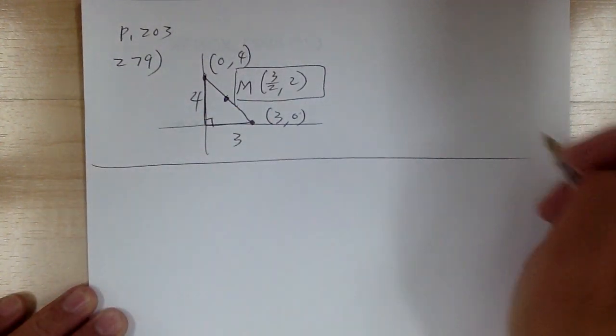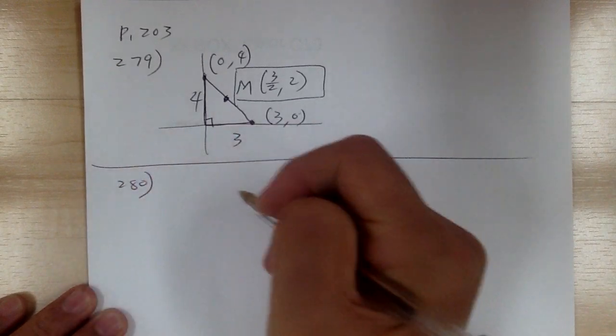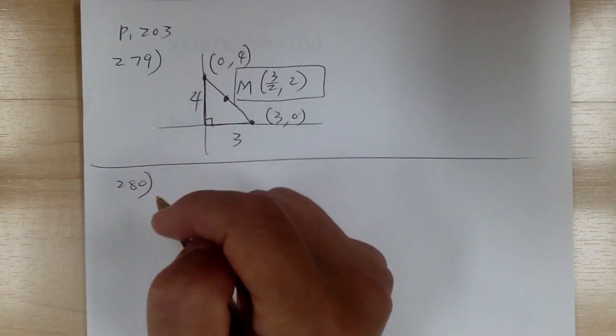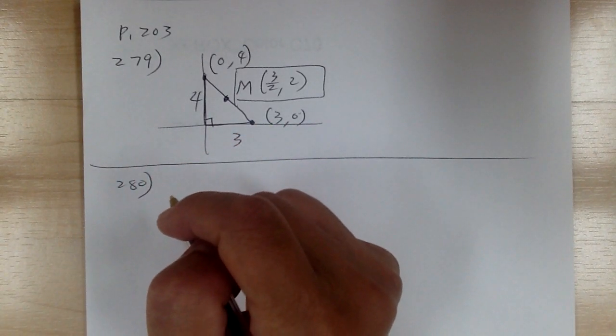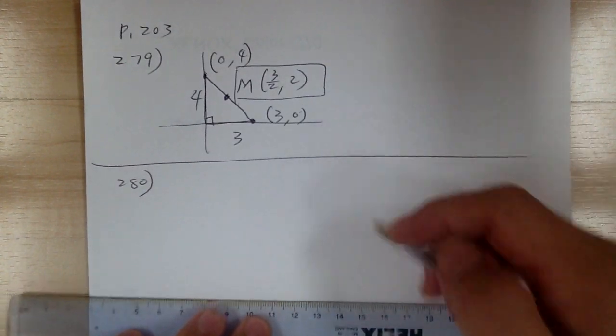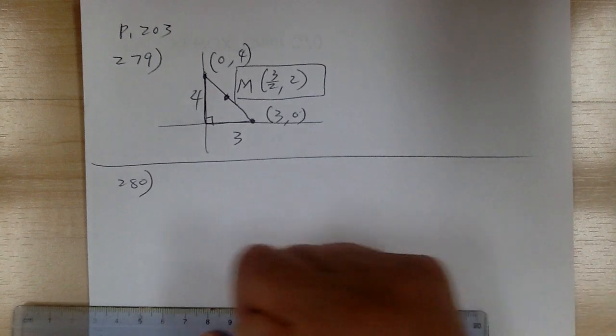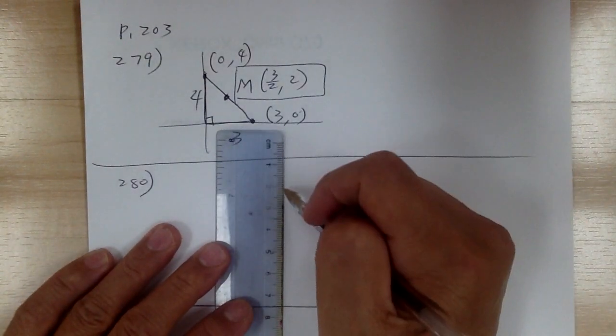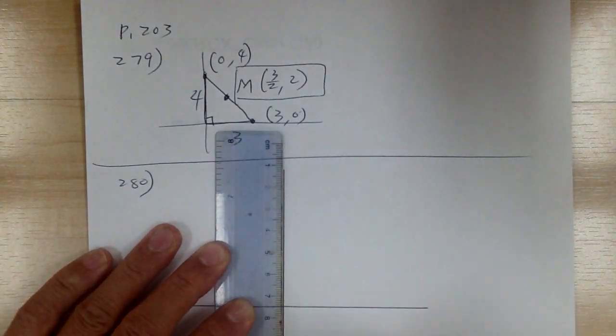Okay, let's go to number 280. How many points with integer coordinates are exactly 5 units away from 0, 0? For this one, you really have to be familiar with your perfect 3, 4, 5 triangle.